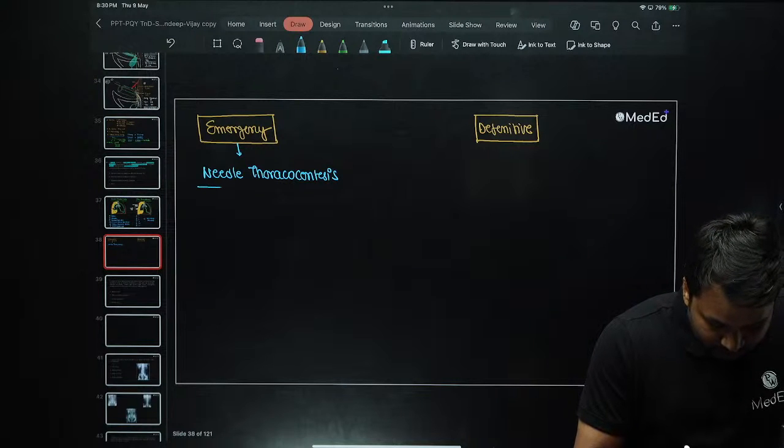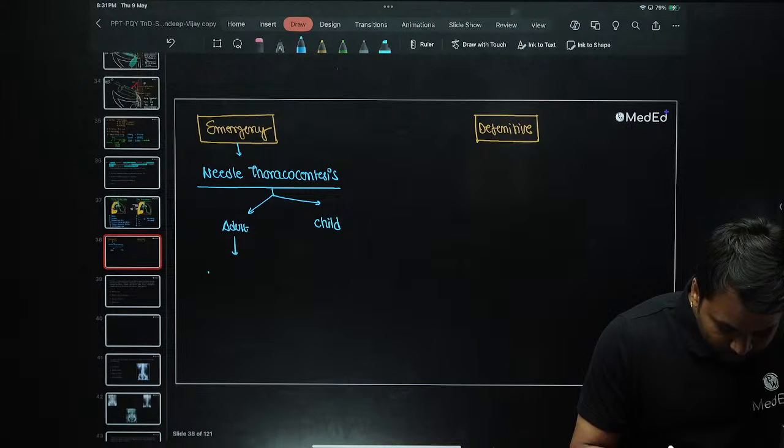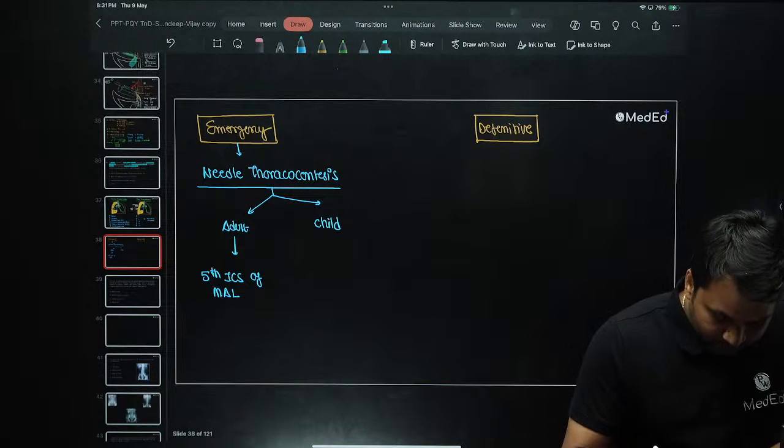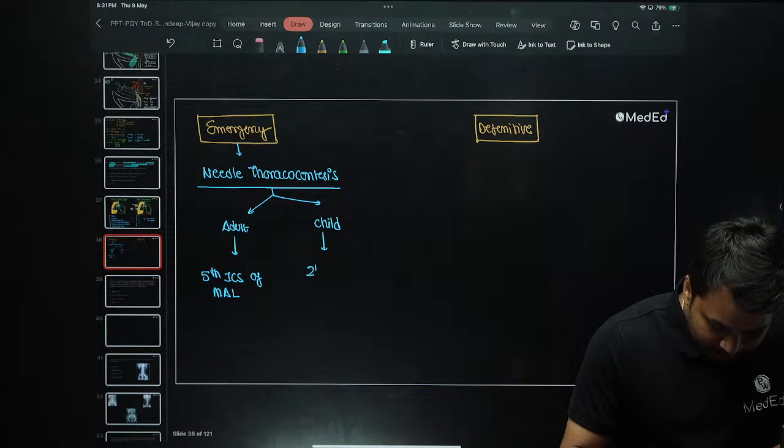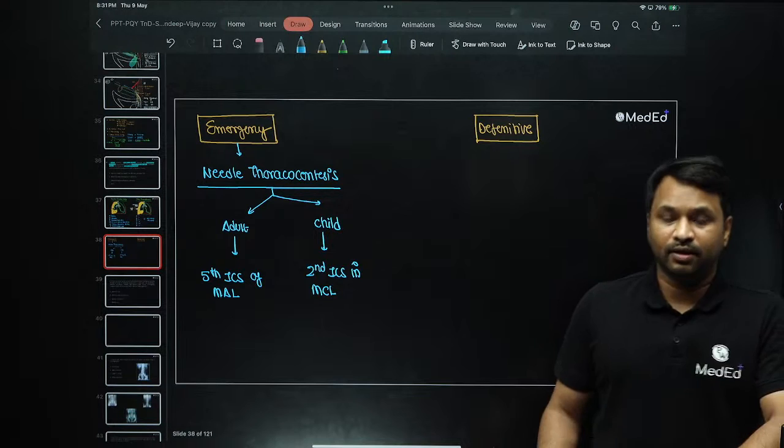So, in needle thoracocentesis, we will see whether you are looking at an adult or a child. In the adult, the needle is going to be put in the 5th intercostal space in the mid-axillary line. In a child, it is going to be the 2nd intercostal space in the mid-clavicular line.